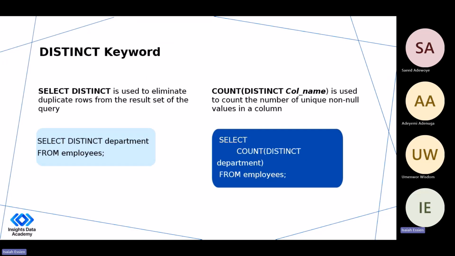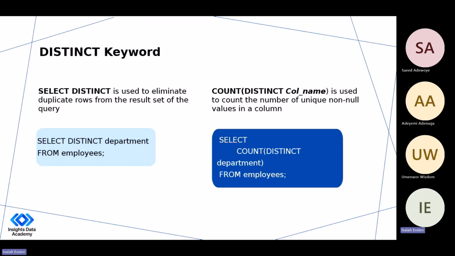So now we're going to talk more on the distinct keyword. You can use the distinct keyword with the select statement, or you can use it with the count function.